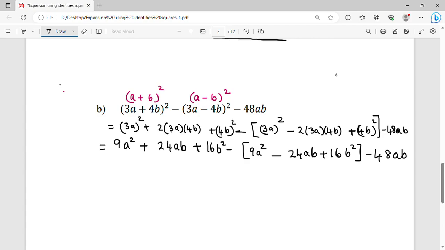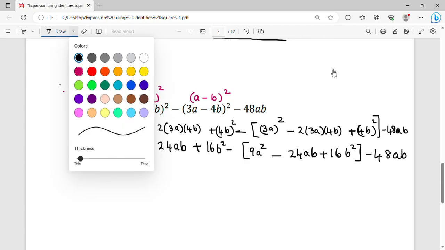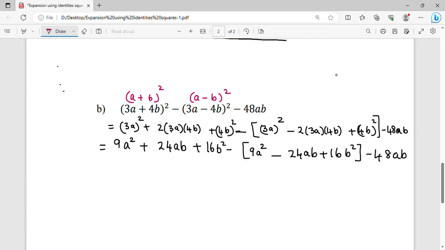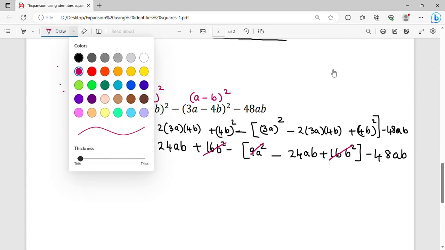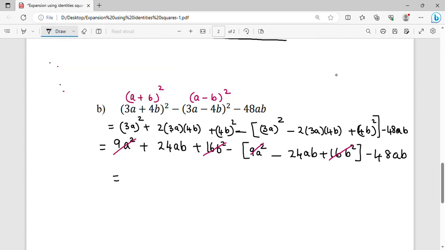Now there are certain terms which will cancel or become 0. So you'll see 9a squared, and this is minus 9a squared. It gets cancelled. 24ab, but minus times minus is positive, so it will not get cancelled, whereas 16b squared and minus 16b squared will get cancelled. Now let's look at the other two terms. So this will be 24ab.